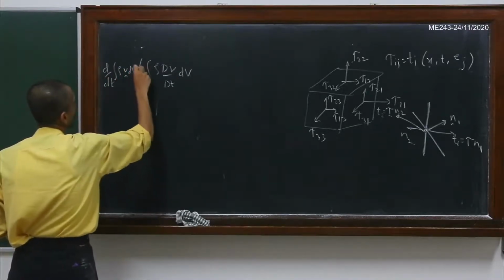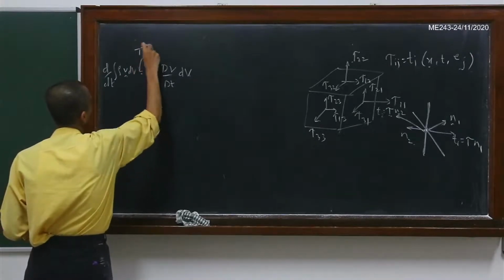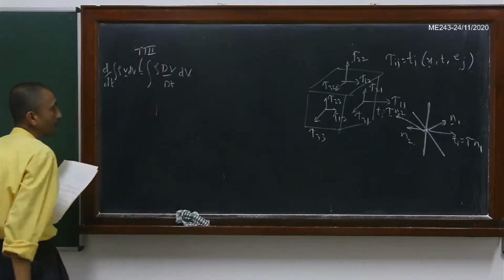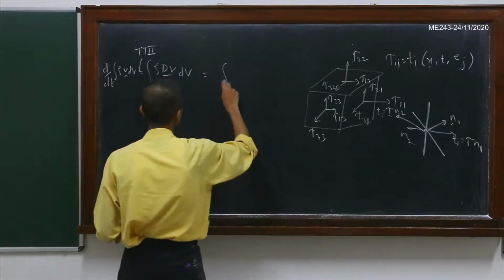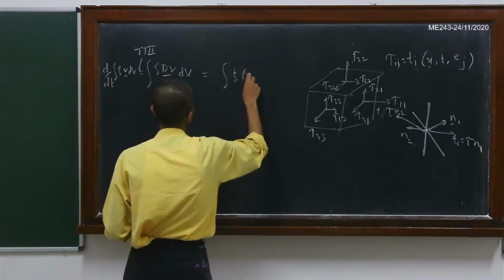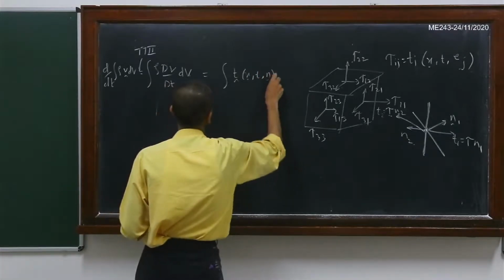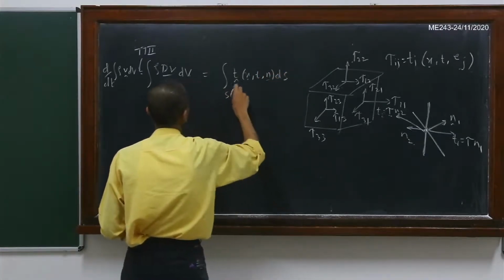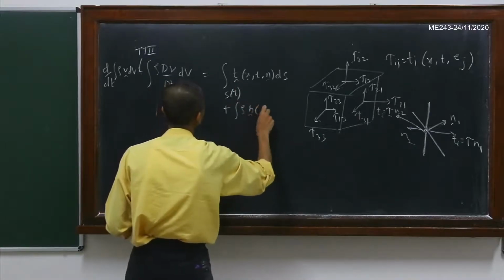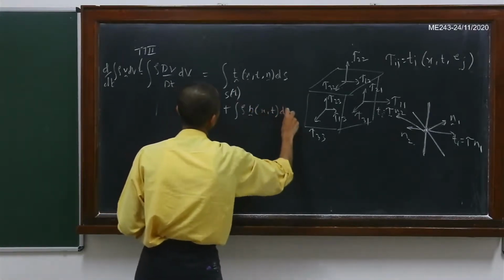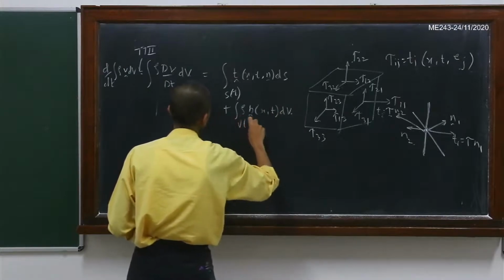So this is transport theorem 2, right? I can write it in this particular way here, and that is equal to the integral of t of x, t, n times dS over S of t plus the integral of rho b of x comma t times dV over V of t, right?